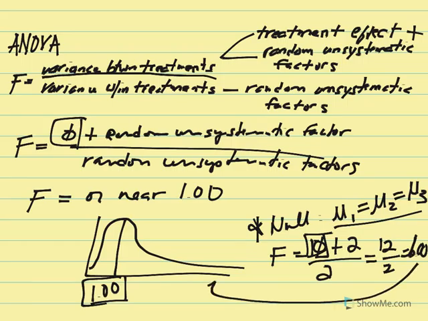And that would be placed somewhere out here in the tail. Again, we're going to need a critical F to draw our conclusions about the null to determine if we get to reject it or fail to reject. That's going to be based on a critical F that we'll learn how to identify later in another video.